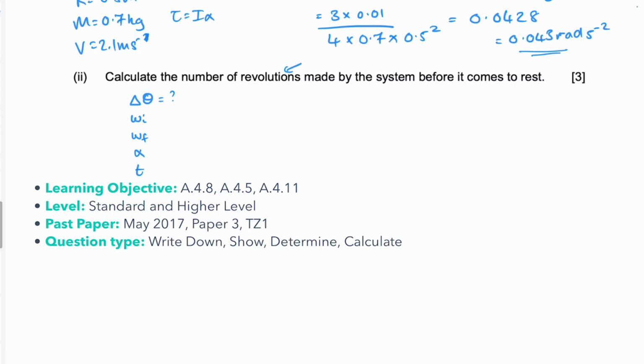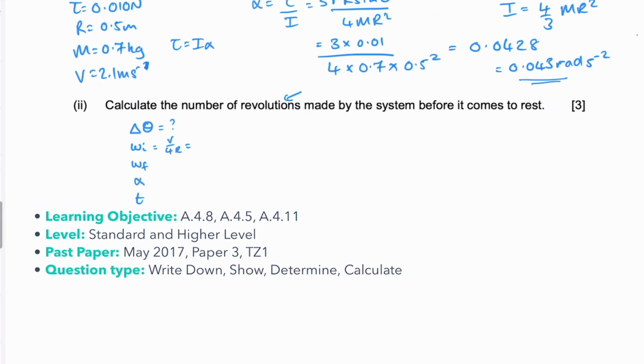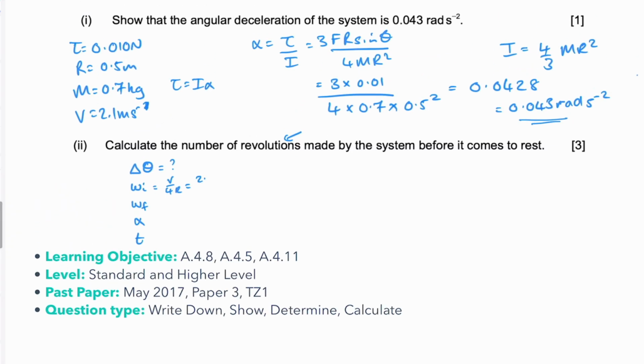We know that the initial velocity before it stops is equal to v over 4r, which is 2.1 divided by 4 times 0.5, which is 1.05 radians per second. Its final angular speed is going to be 0. Our acceleration we worked out before is 0.043. So we can work with that.